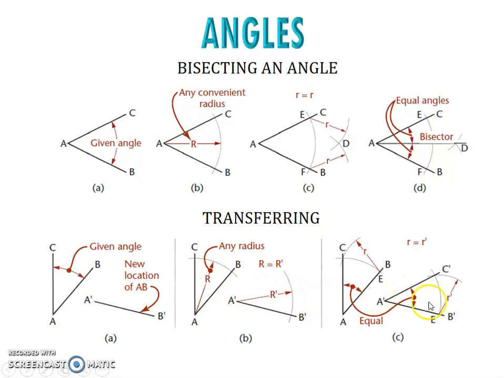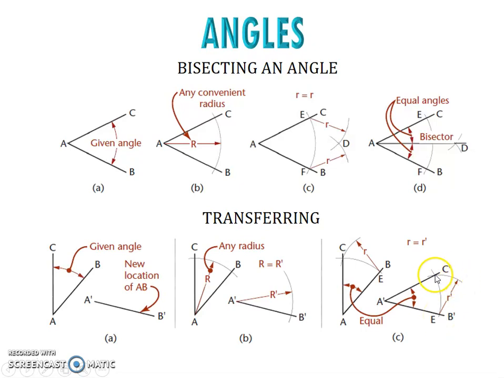Now you have to construct the line here from E to this point. So you construct an arc over here, and then using the same radius, construct the arc here.